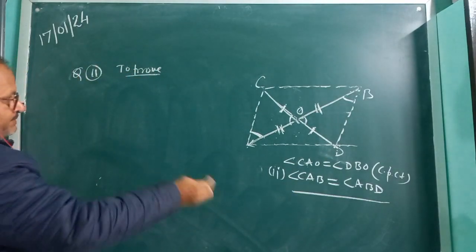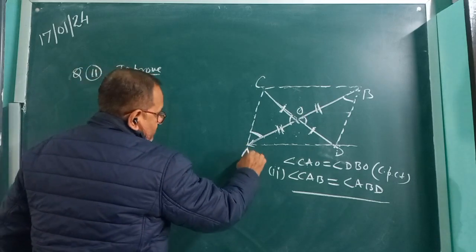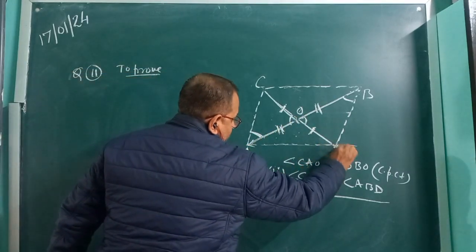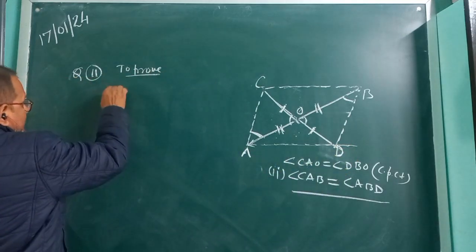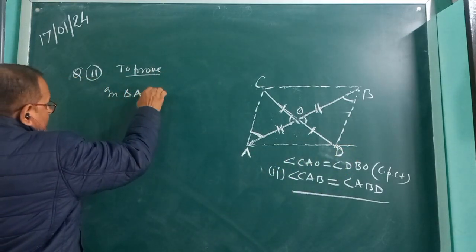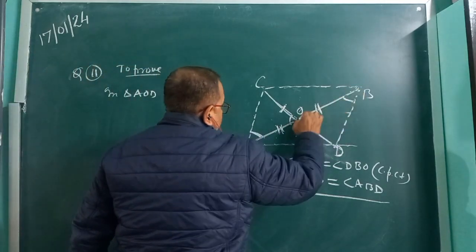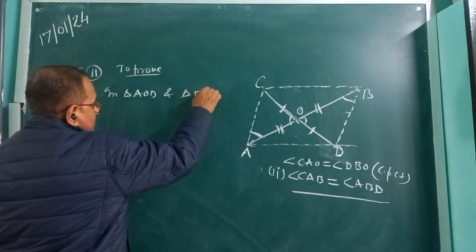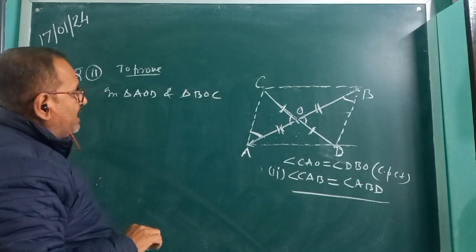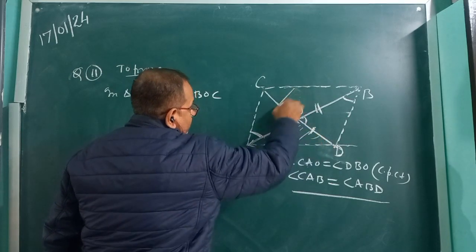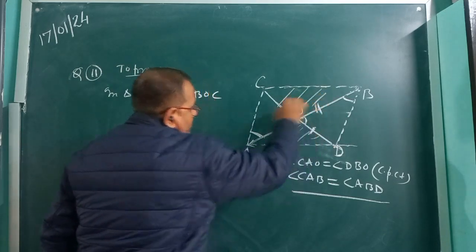Take triangle AOD. In triangle AOD and triangle BOC, these two triangles, this one and this one, prove these two triangles congruent.